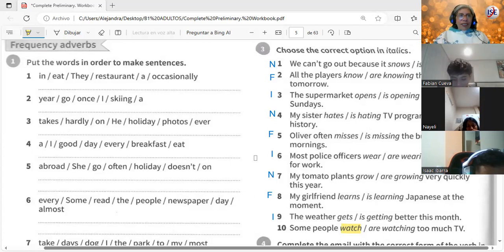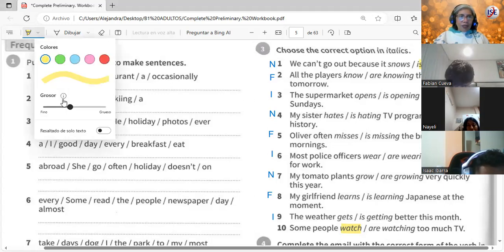So, Nayeli, number one. Read number one, please. We can't go because it's snowing today. It is snowing today. Good. Fabian, number two. Read it, please.